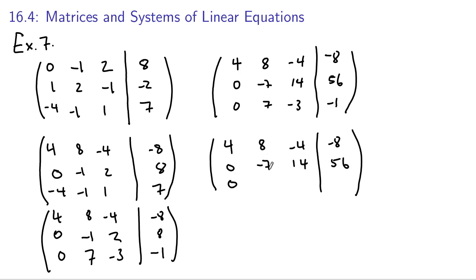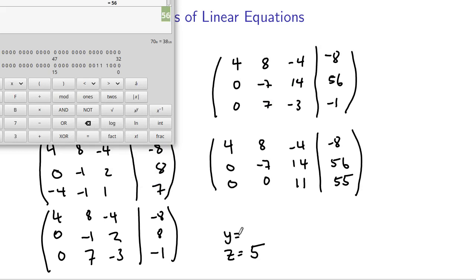0 plus 0 is 0, minus 7 plus 7 is 0, 14 plus negative 3 is 11, 56 plus negative 1 is 55. So Z would be 55 divided by 11, which is 5. Sure enough, is that what's in the book for example 7? Yes. Then Y, we can take 56 minus 14 times 5 divided by negative 7 and get Y is 2.